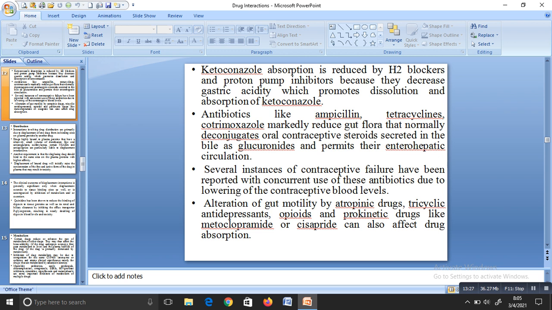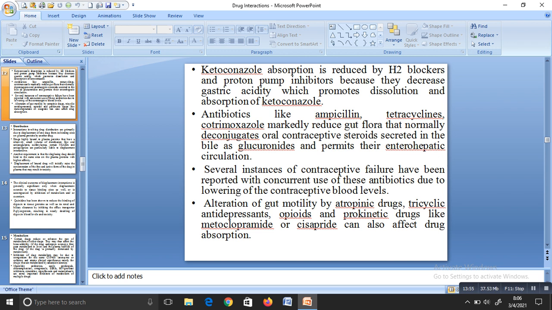They reduce the gastric acidity, and if the acidity is reduced, it affects the dissolution of ketoconazole, and it will reduce the absorption of this drug. Okay, ketoconazole absorption will be reduced by H2 blockers and proton pump inhibitors because they reduce the acidity which promotes the dissolution.